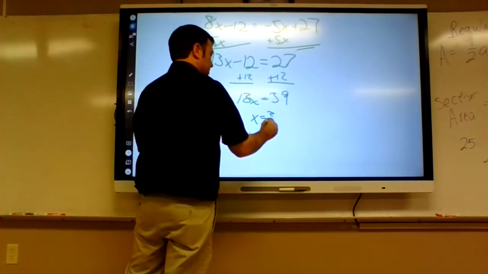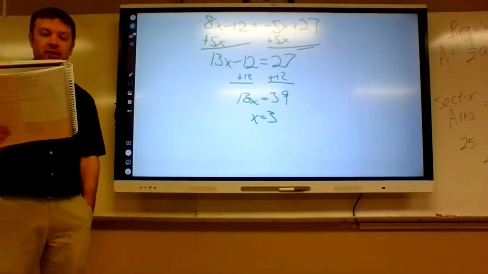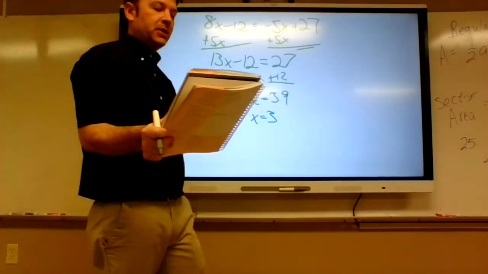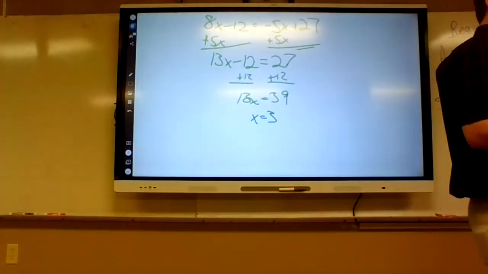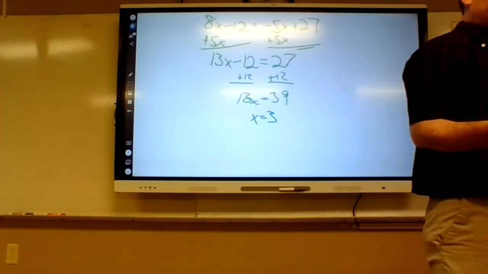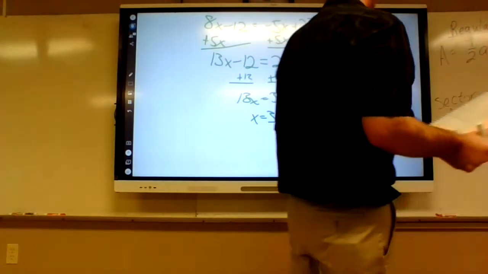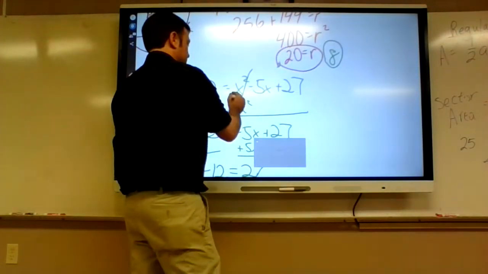3. Is 3 the answer? Fortunately not, because they asked us to find FN. You guys see FN in the picture? Yes, it's half of FH. FH is this thing.